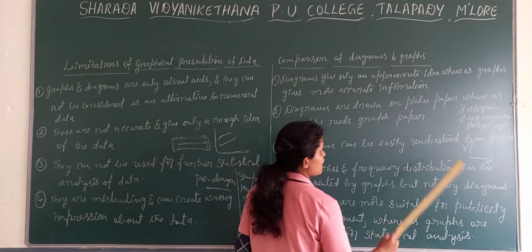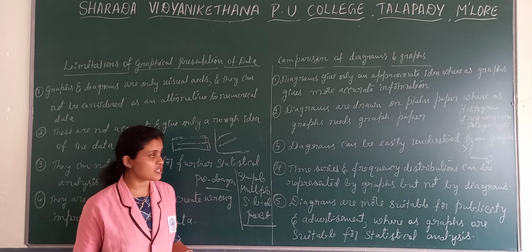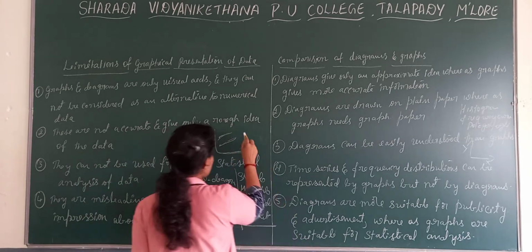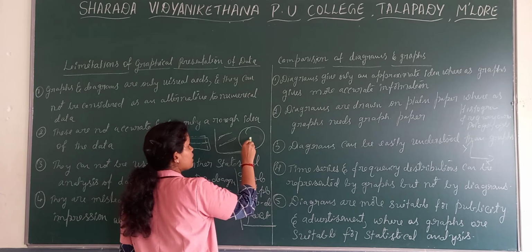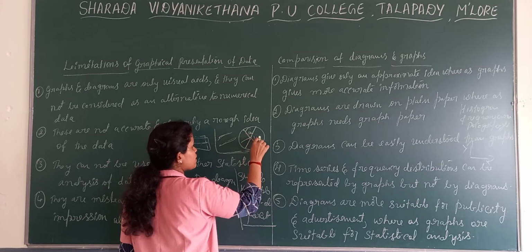Diagrams can be more easily understood than graphs. That is true, because if we take a pie diagram, we can see component A is 50, 180 degrees, 70.